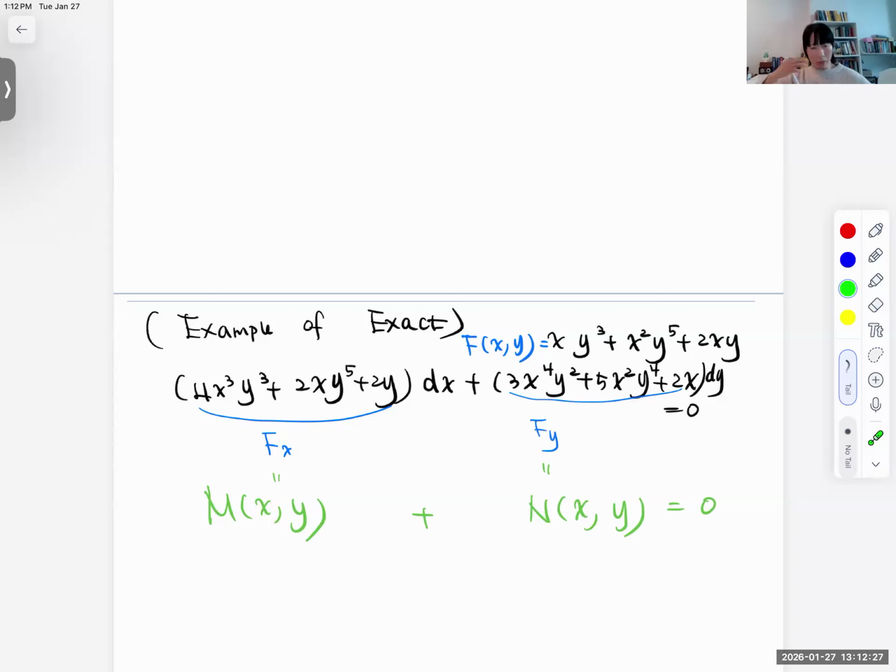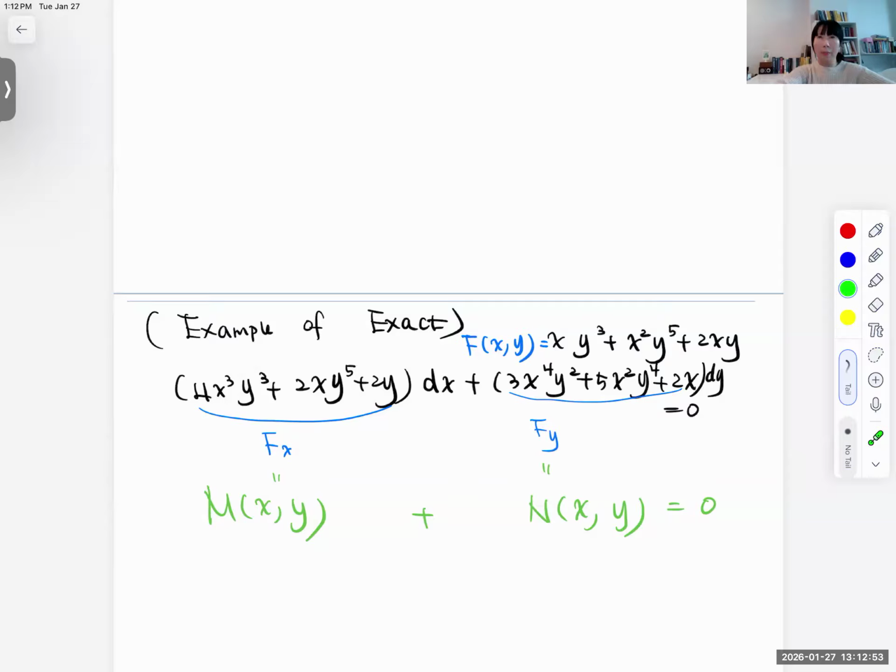Then it matched, it agreed: the partial derivative with respect to x is the same as the first term, and the partial derivative with respect to y matches this other term, equal to 0, right? So it was exact.